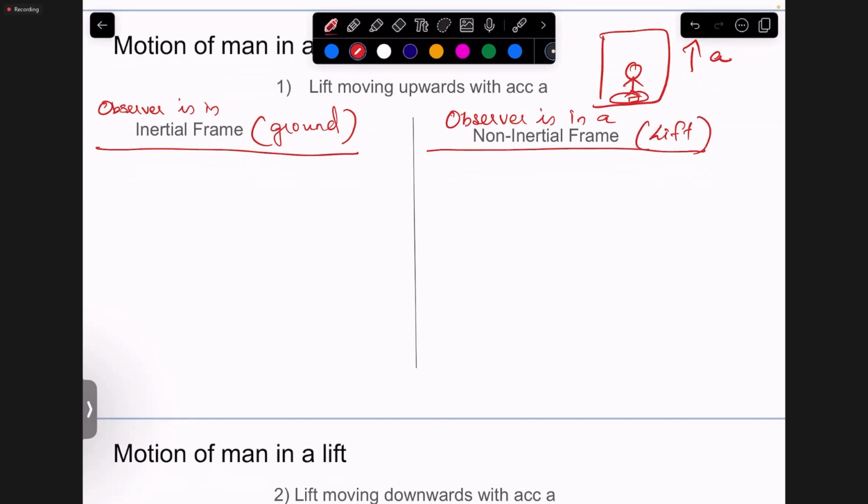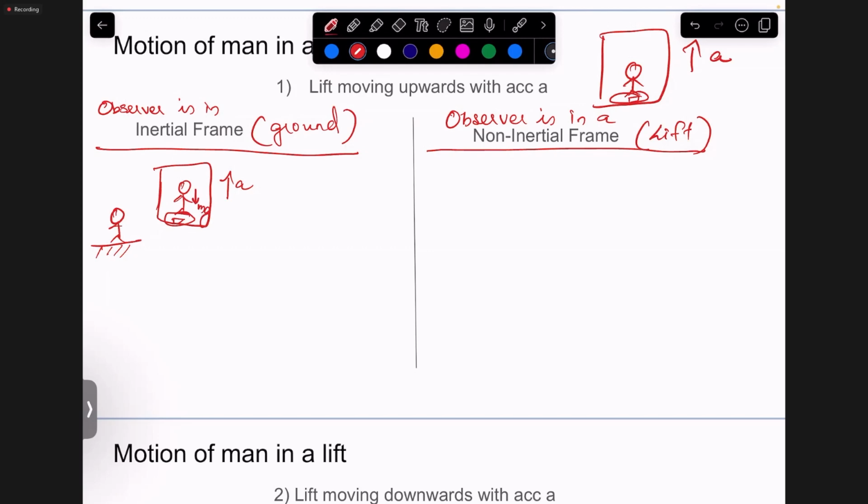How will we see it? This is the observer standing on the ground, this is the lift with acceleration A, and this is the man standing on the weighing scale, and this man is exerting a weight mg downwards.